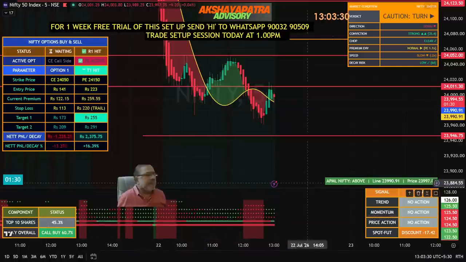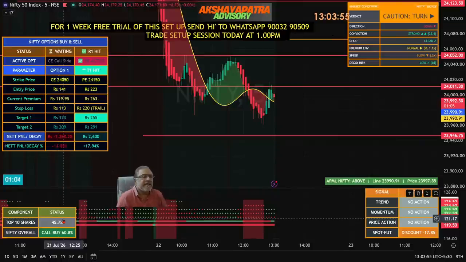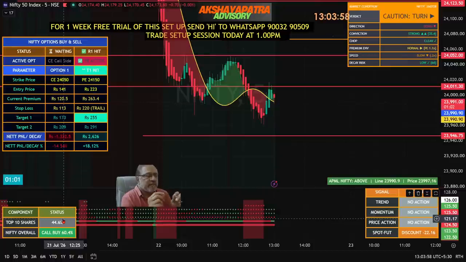What we have done, TradingView has got some restrictions. We cannot call for and try to get all shares. So we have taken the top 10 shares with the highest weightage. It starts with HDFC, Reliance, Bharti, TCS, Infosys, etc. The top 10 shares and its weightage. And for every tick for all those top 10 shares, we are on the back end evaluating by those 5 indicators, which is smart volume, Ichimoku cloud, RSI, etc., whether those shares are short or long or neutral.